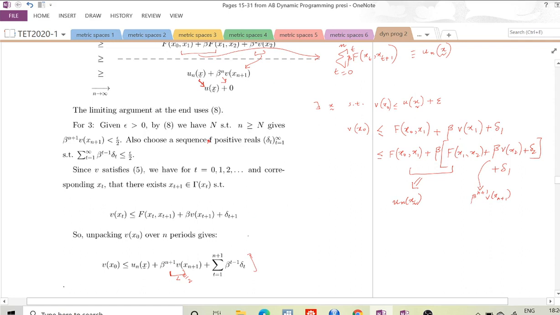Okay, now because the infinite term is less than or equal to epsilon by 2, so is this. Okay, so after n steps we have this, and now what happens when we take limits?